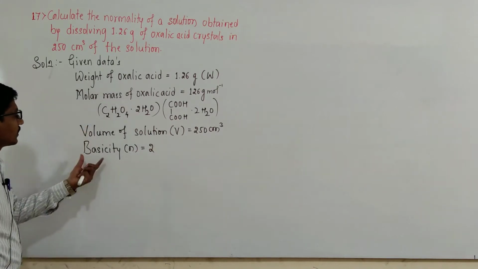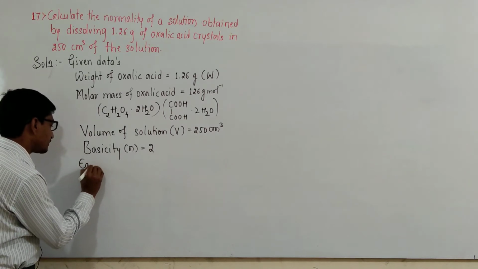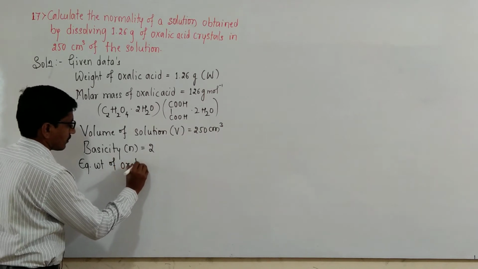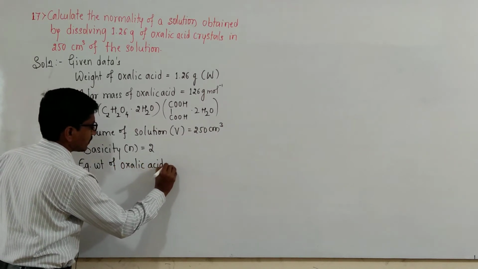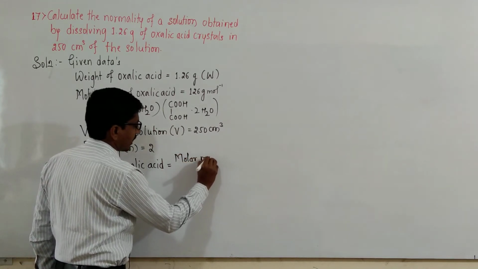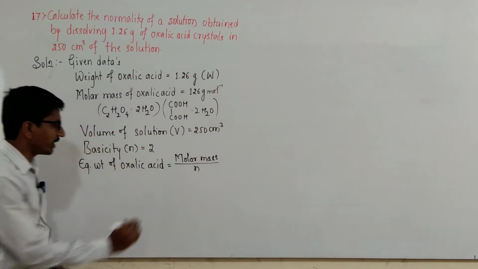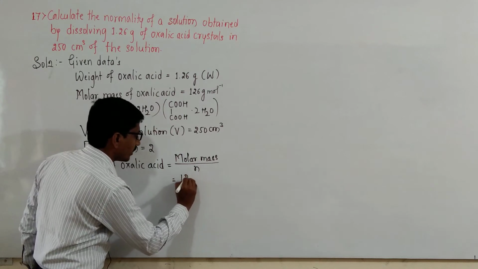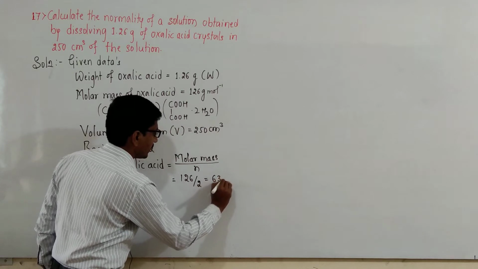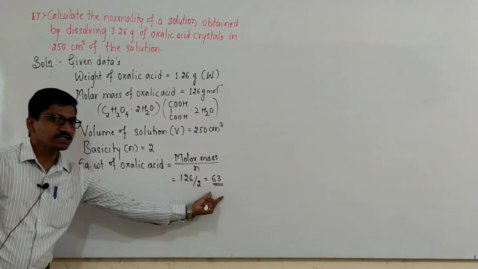And next, equivalent weight of oxalic acid is equal to molar mass divided by n. n is nothing but basicity. This is equal to 126 divided by 2, which is equal to 63. The gram equivalent weight of oxalic acid is 63.